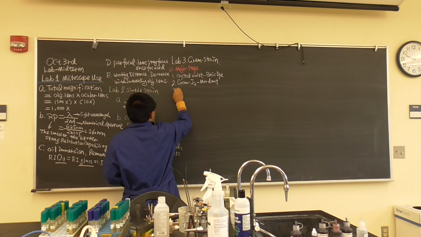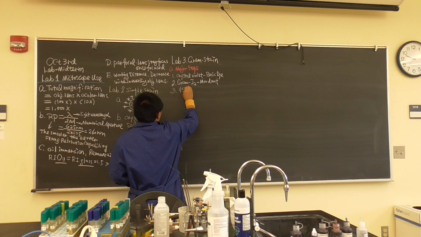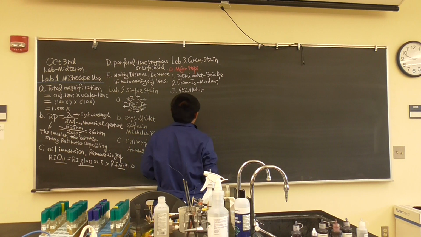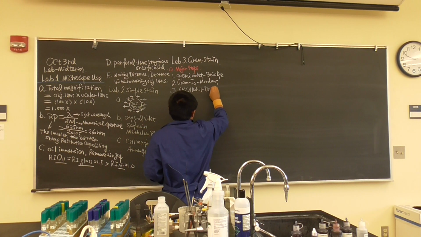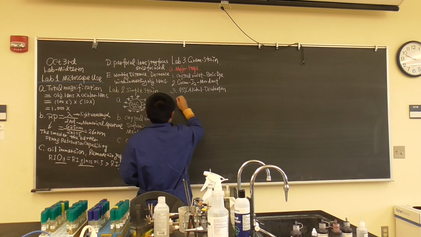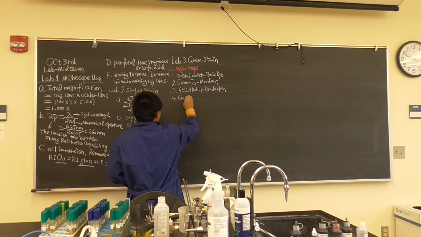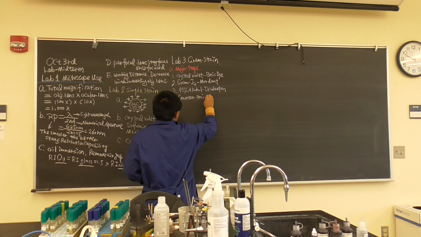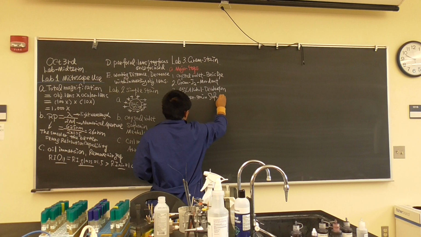Number three is we use 95% alcohol, which is the decolorization process. And the last step is the counterstain with safranin.